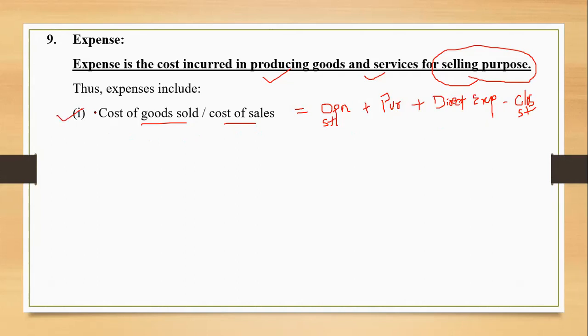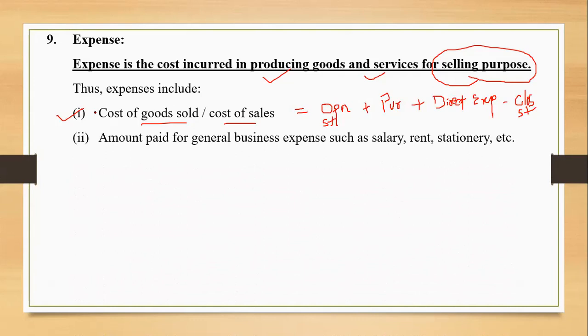So all these terms will be included in the term expense, because I'm just looking for the amount that I spent for production of the goods or for providing the services, which are meant for the sale purpose. It also includes general business expenses like salary, rent, stationery, in short the office expenses.